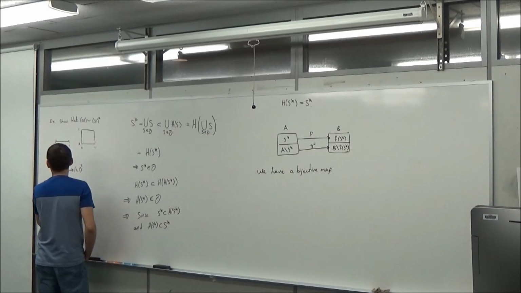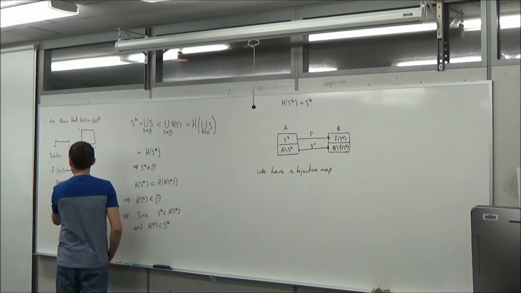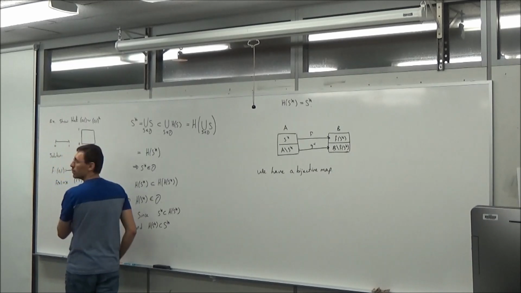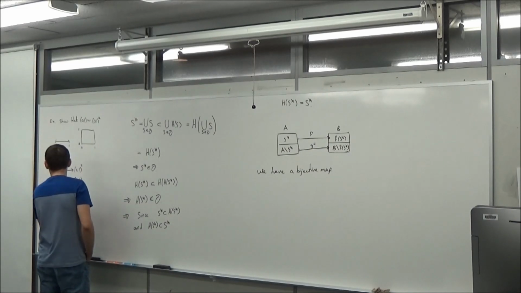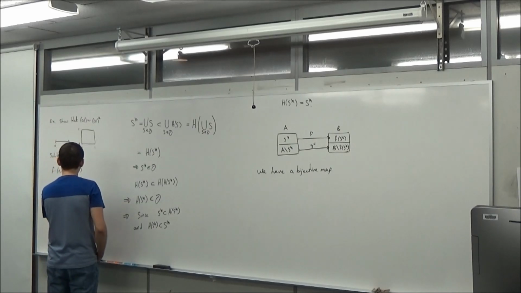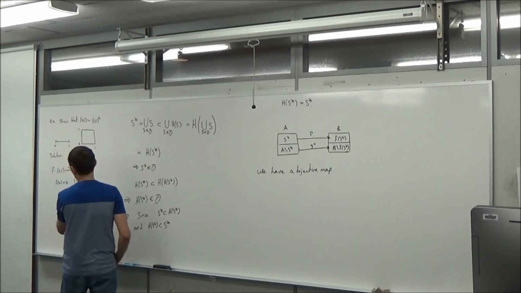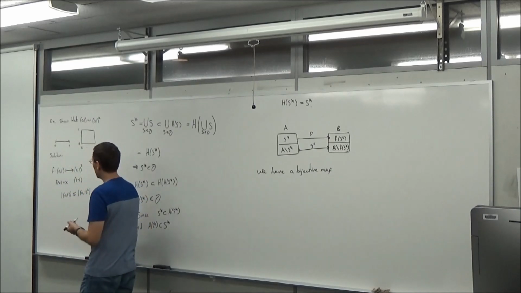So the function is just going to be f of x equal to x. So this is 1 to 1, not onto. Okay? So the conclusion is that the size of 0, 1 is less than or equal to the size of 0, 1 squared, the Cartesian product of the square. That was obvious.